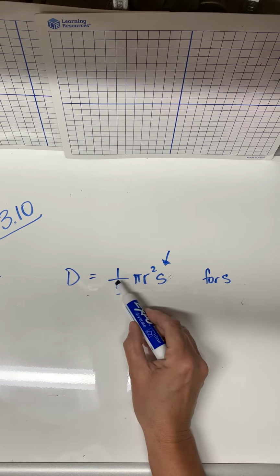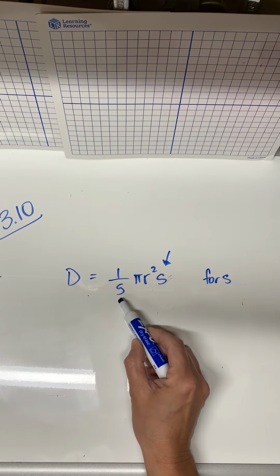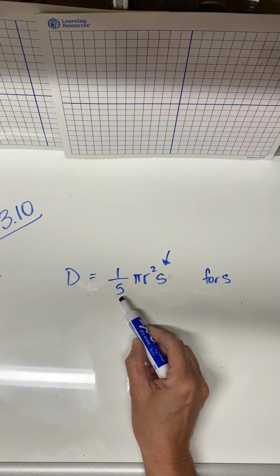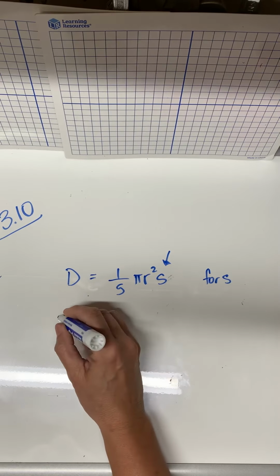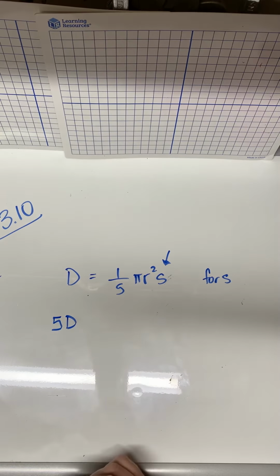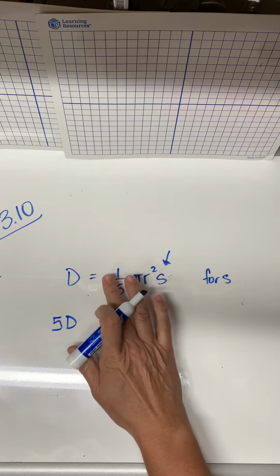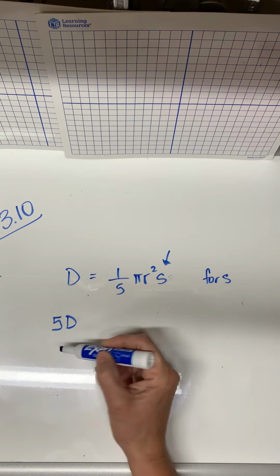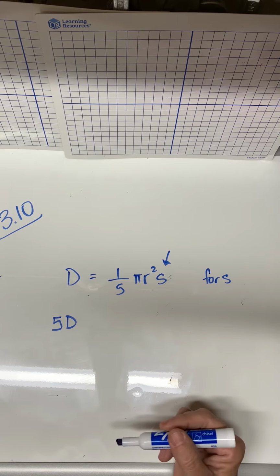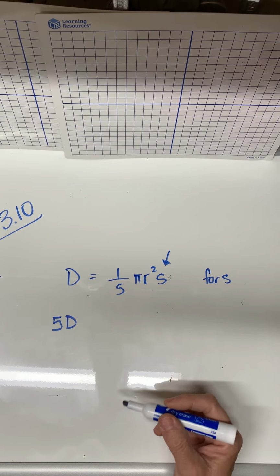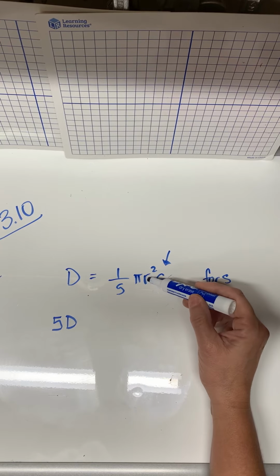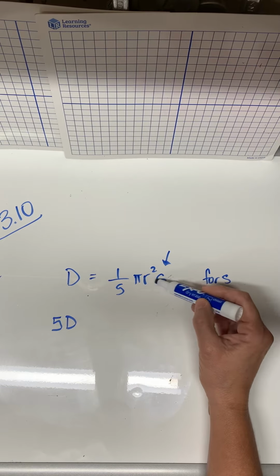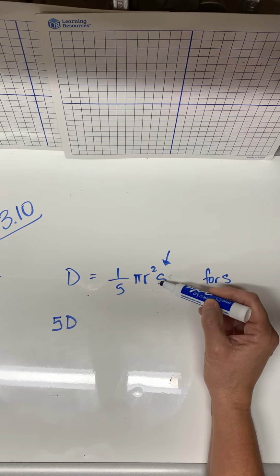Okay, the 5 is in the denominator, which means it's being divided. The opposite of divide is multiply, so that's going to slide over here as a multiplication. So this entire fraction is finished because dividing by 1 doesn't change anything over on my left side. Now, what I'm left with is a pi and an r squared, which are both being connected to the s with multiplication.